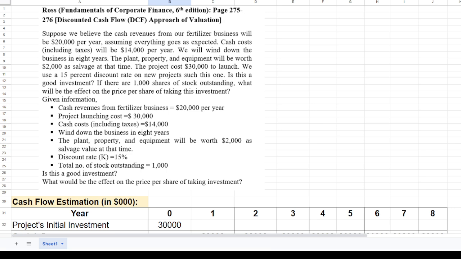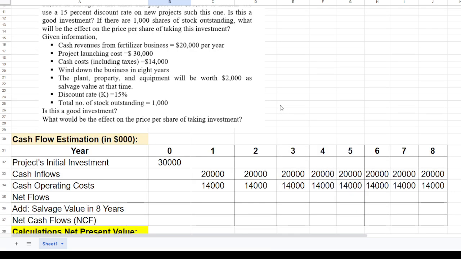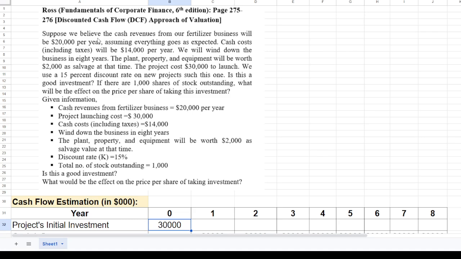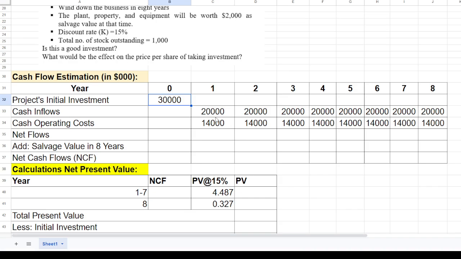Now let's move to organizing all the given information to estimate the cash flow part. Here altogether we have an 8 year life of the project that you can see here, and the project initial investment is 30,000, while you are expecting to generate 20,000 each year, okay?